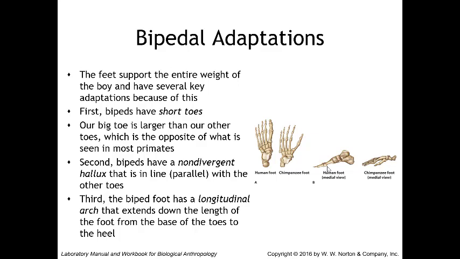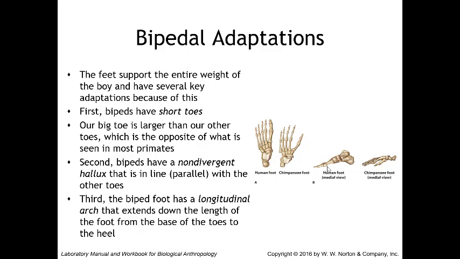Secondly, bipeds have a non-divergent hallux, and that's your big toe. That is in line parallel with your other toes. So that non-divergent hallux is very, very important for balance and pushing off. Thirdly, the biped foot has a longitudinal arch that extends down the length of the foot from the base of the toes to the heel.